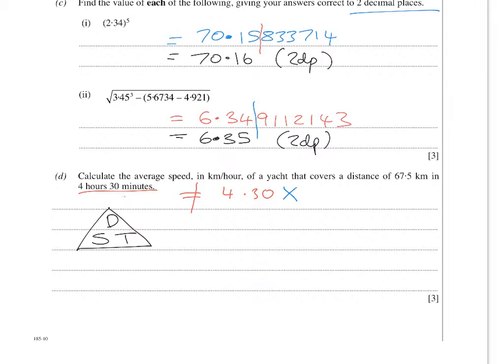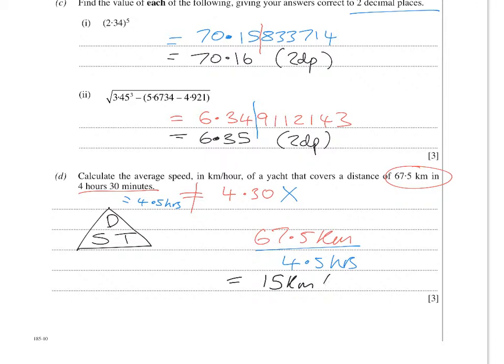So my real answer to this is 4.5 hours. Okay, so the calculation you want to do is 67.5 kilometers divided by 4.5 hours. Okay, that will turn it into what it was asked for, kilometers/hours. So that goes into my calculator and gives the answer 15 km/hour.